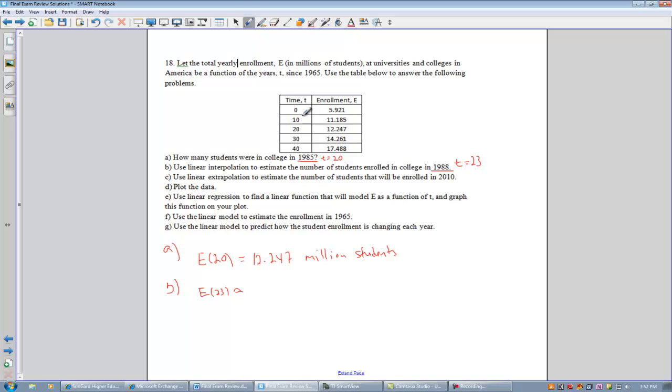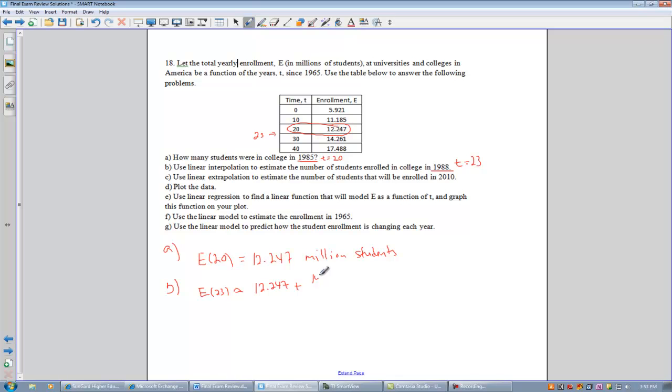And to do this, you're going to use 20 and 12.247 because 23 is in between 20 and 30. So the idea is you say, okay, well, it's about 12.247, and then I'm going to add the average rate of change. So I'm going to figure out how this is changing each year. And the way you do this is you take this number minus that number and divide by this number minus that number. The change in the output divided by the change in the input.